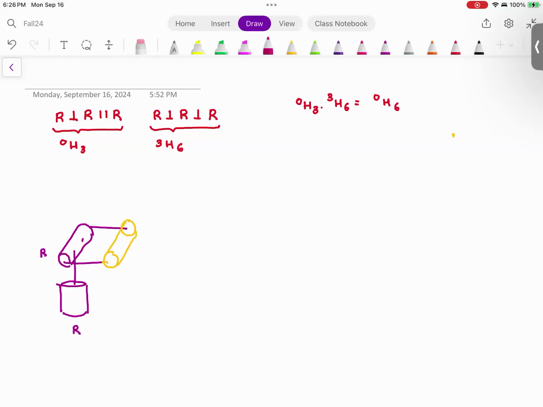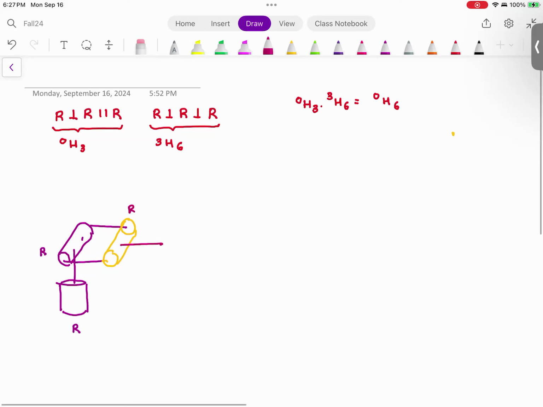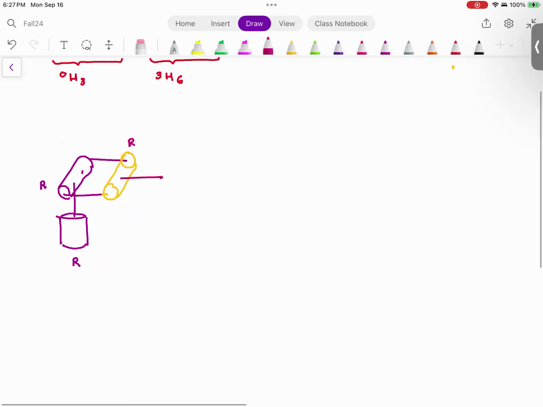And then I'm gonna have an end effector here. So I have this R perpendicular to R, parallel to R. And I will work out the spherical wrist separately.